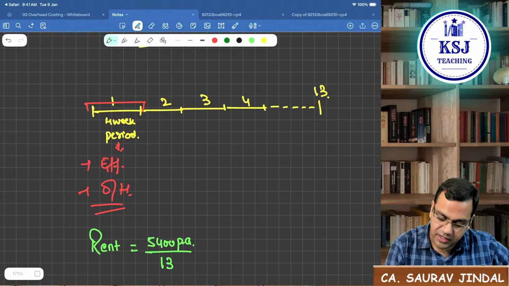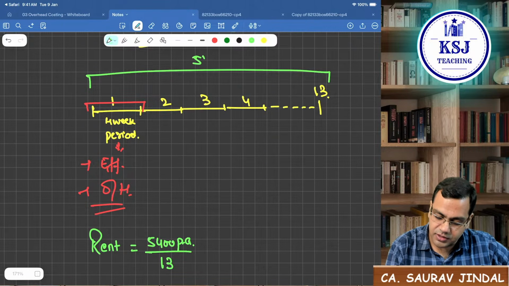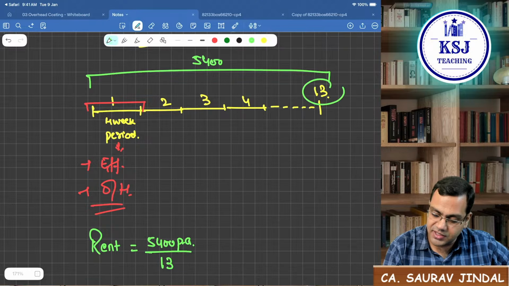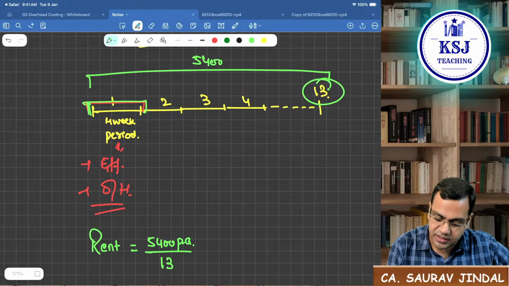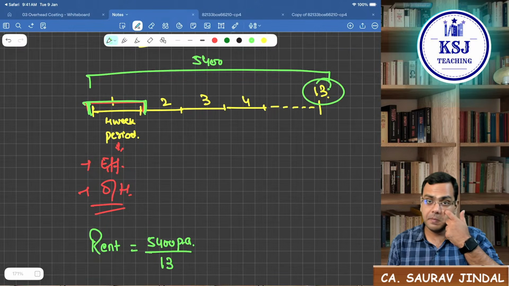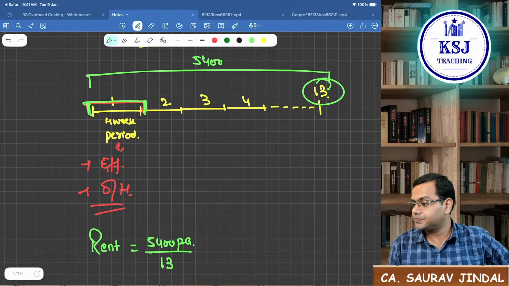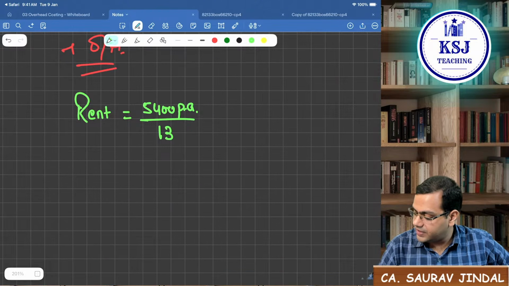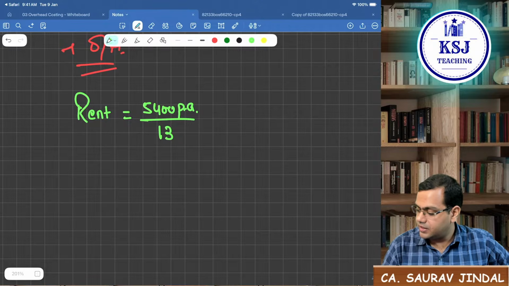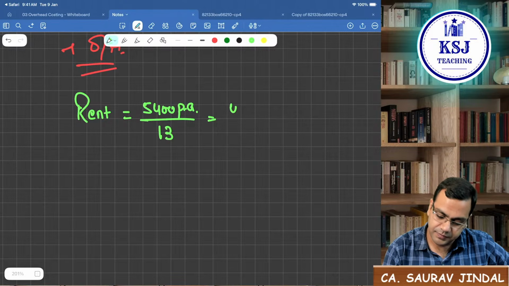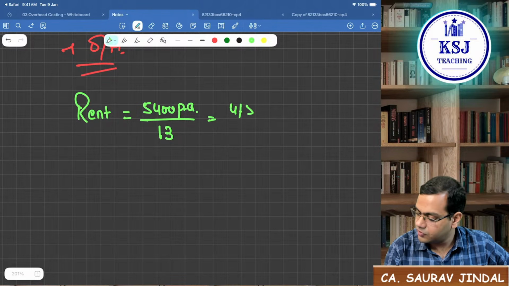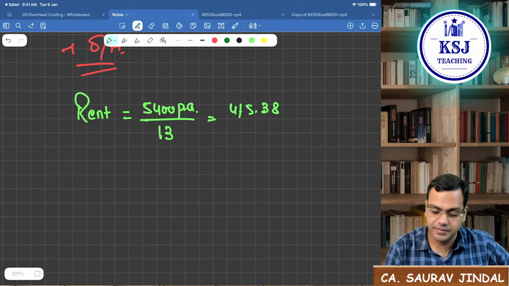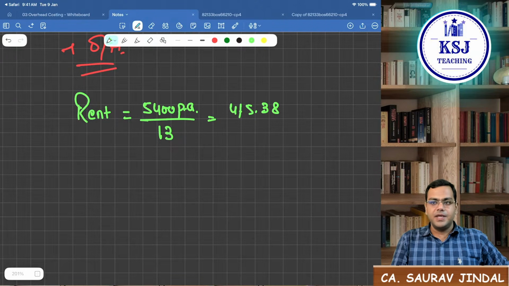This 5400 is the total cost. Isn't it? So divided by 13, 5400 divided by 13, you will get 415.38.